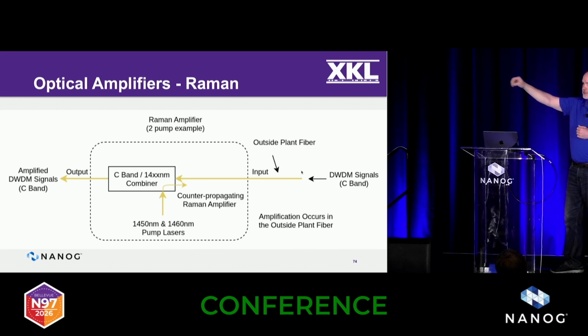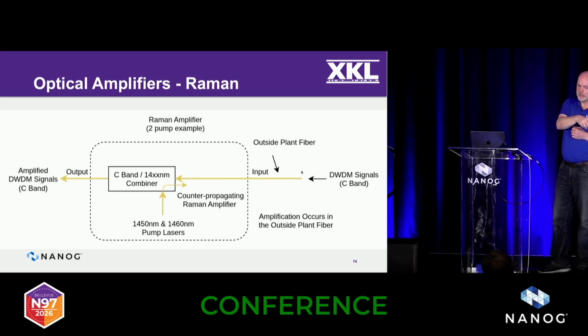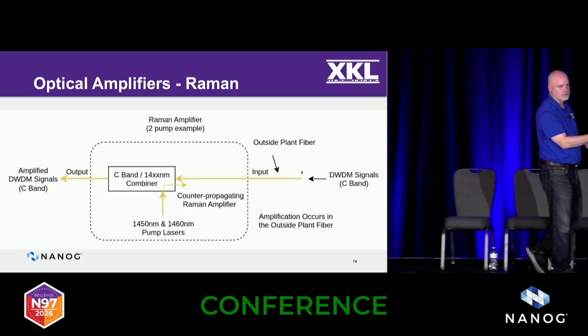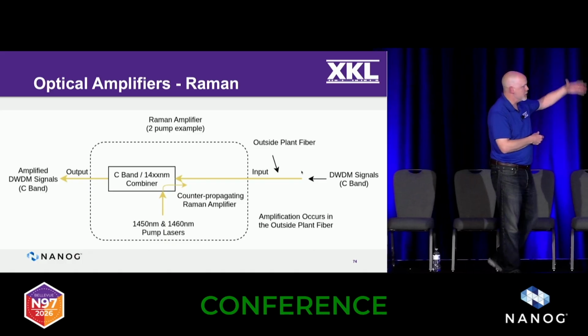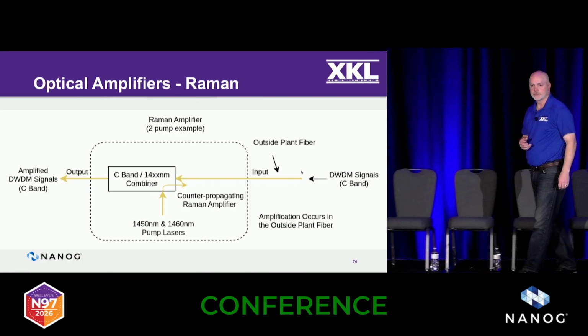There's amplification happening all along the glass. And so it's amplifying it out there, and as the DWDM signals come in, you get more and more amplification until you get to this combiner, and then the C-band signals just pass through the combiner. And now you get your amplified stuff on the backside here. So that's how the Raman works.